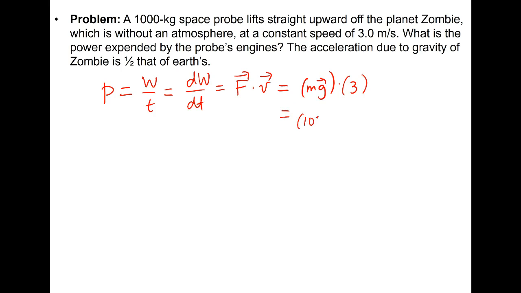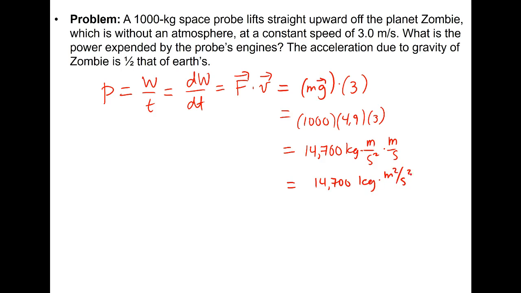So we plug in 1,000 times 4.9 times 3, and that's going to get us 14,700, and we're going to have kilograms times meters per second squared times meters per second, otherwise known as 14,700 kilograms meters squared per second cubed, which is watts. You can also write that as 14.7 kilowatts. Those are synonymous.